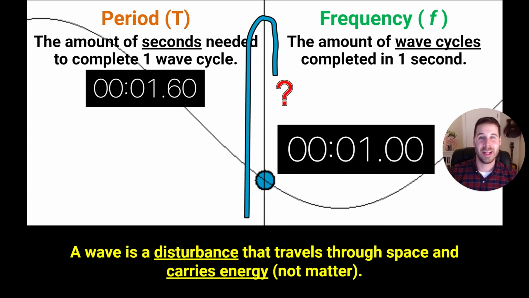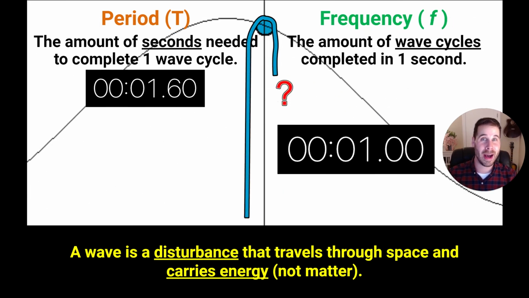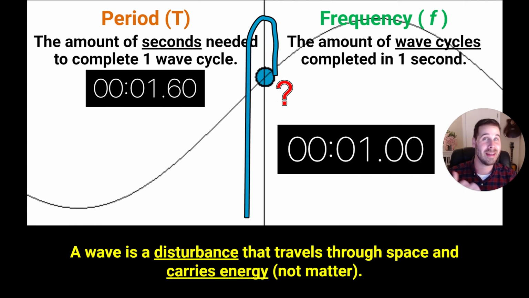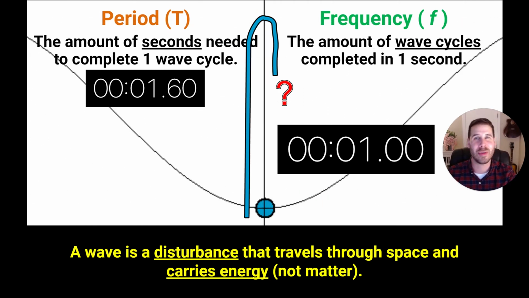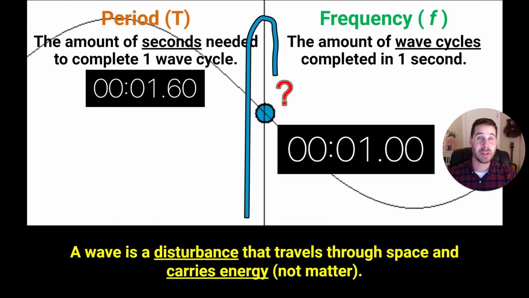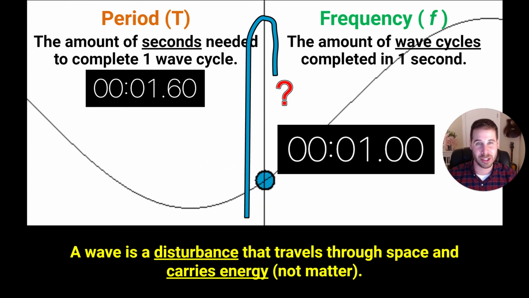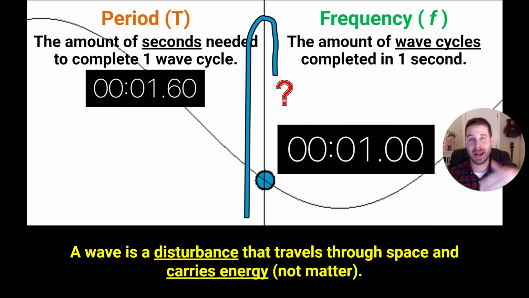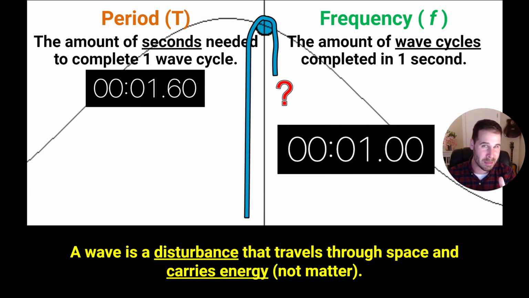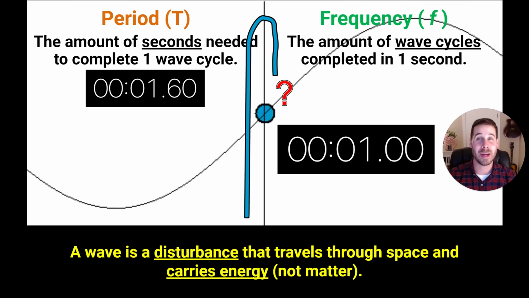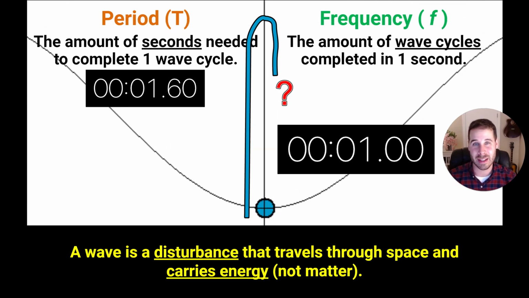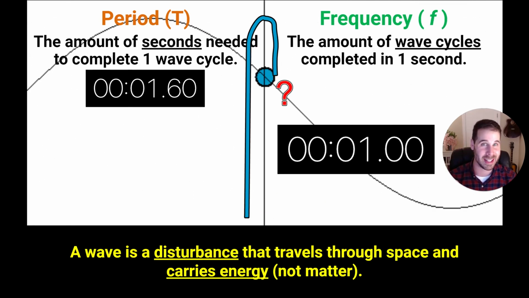Actually, it's kind of tough, because unless I was a robot and could actually pause the video, and I could do that, but when you're doing experiments, you can't pause reality. Frequency is actually really hard to measure. It's probably some fraction of a cycle that we were able to do in 1 second there. Maybe we went up and then started to go down, but didn't quite complete it to the bottom. So anyways, my point is frequency can't be easily measured, but it can be calculated.